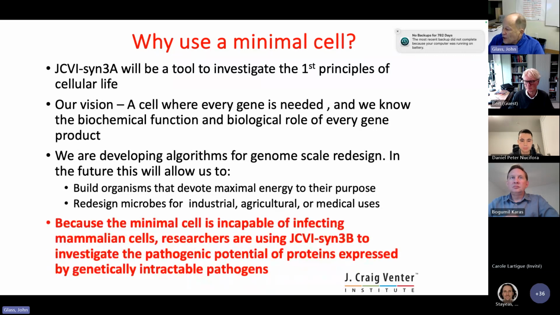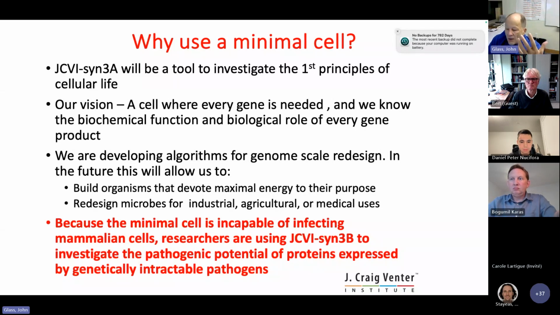There is also the possibility that we may be able to use our minimal cell for applied purposes. My colleagues at the JCVI, including Daniela Bittencourt, published a paper this year where we're using JCVI-SYN3B to investigate the pathogenic potential of proteins expressed by intractable pathogens, but we might also be able to use the minimal cell perhaps as an anti-cancer therapeutic or for some other things that are really cool.